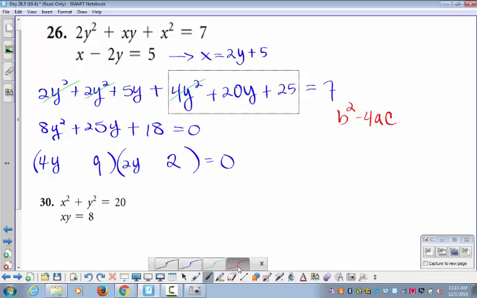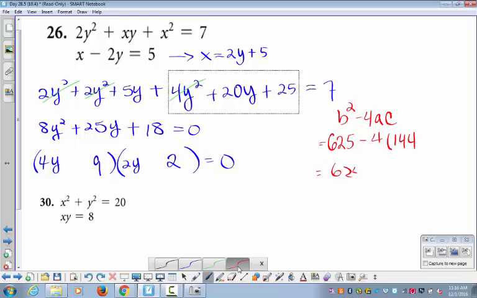So b squared minus 4ac. You should know from algebra that if that's a perfect square, then this does factor. So b squared, that's 625, minus 4 times ac. So 4 times, what's that, 144? 4 times 144.